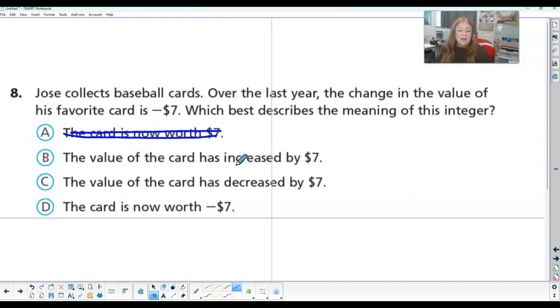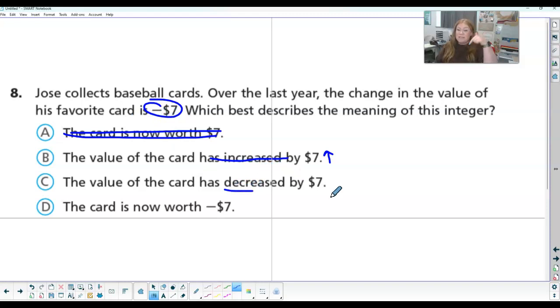The value of the card has increased. If we think back to our notes, increase was a positive amount. And up here we have negative. So this word increase is telling me that it's not that one. The value of the card has decreased by $7. It went down $7.